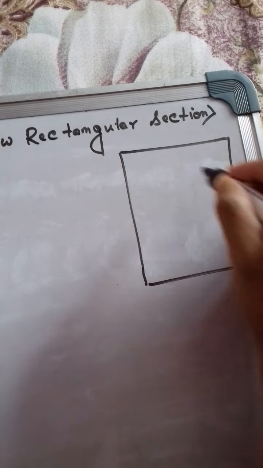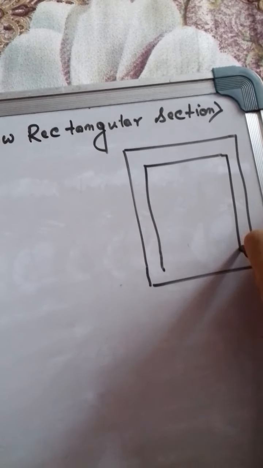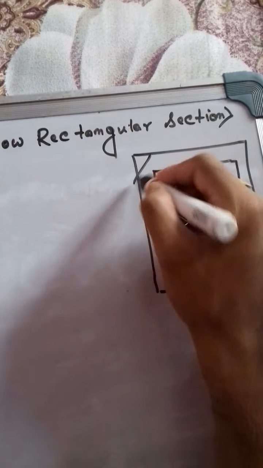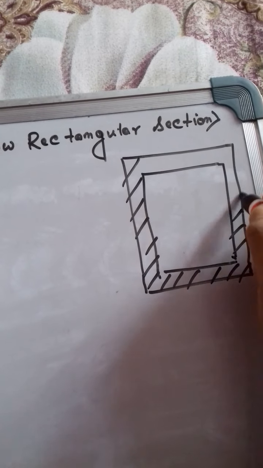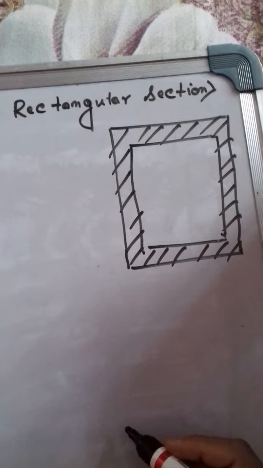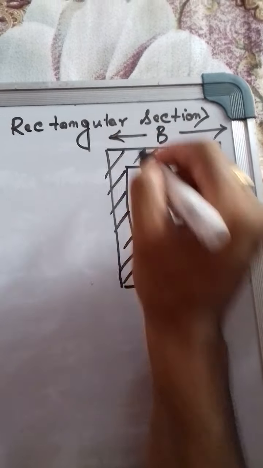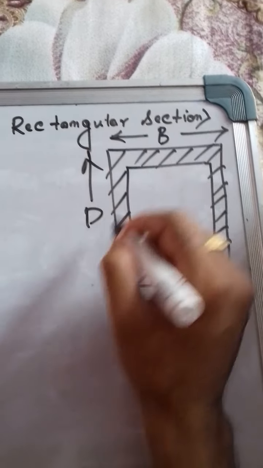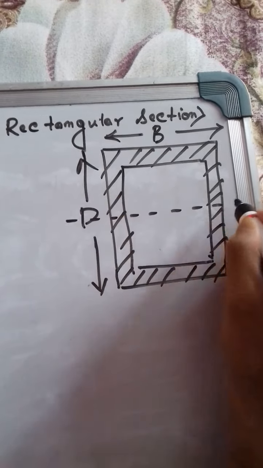It is something like this, this is a hollow rectangular section. The overall width is equal to B, overall depth is equal to D. Clear? This is the neutral axis.